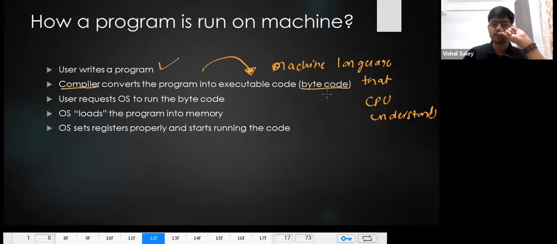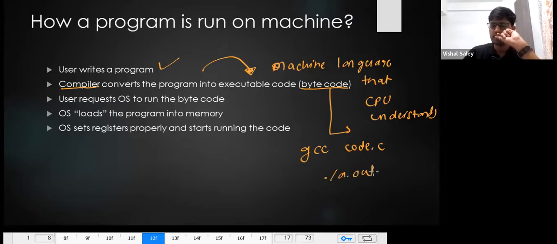Once that is ready, for example, if you have ever run C programs, what you do is gcc code.c. This is the command that you run, and it generates ./a.out. Have you guys seen this a.out file? A.out is basically your executable code or byte code for this code.c program.